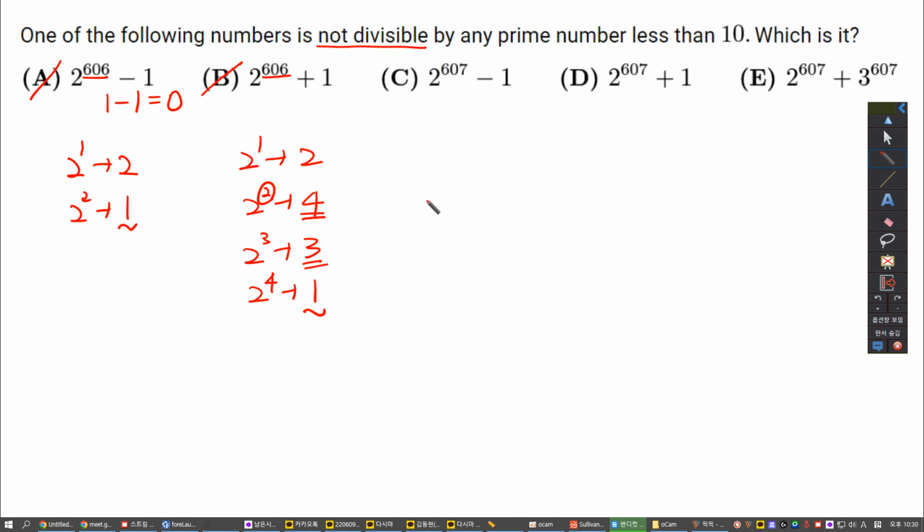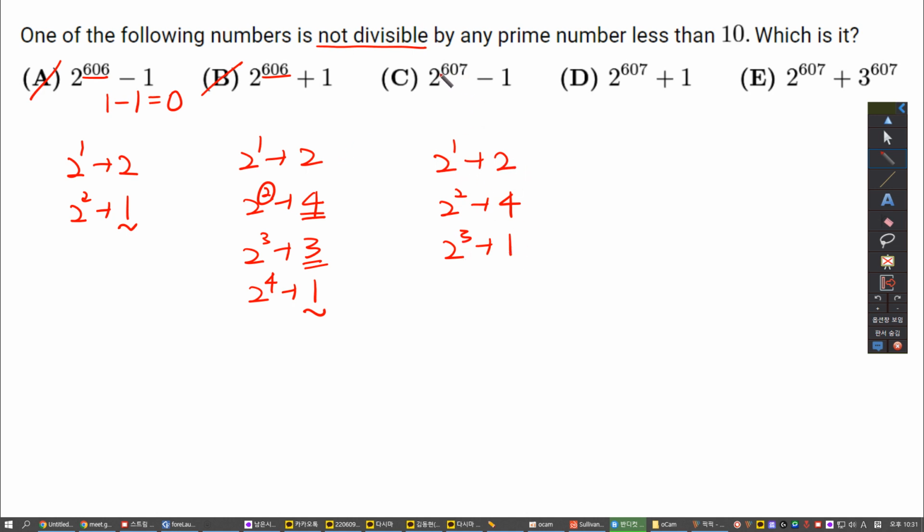So we need to test the next prime number, 7. If we follow the last digit when divided by 7, when 8 is divided by 7, the remainder is 1. So now the remainder cycles among these three.